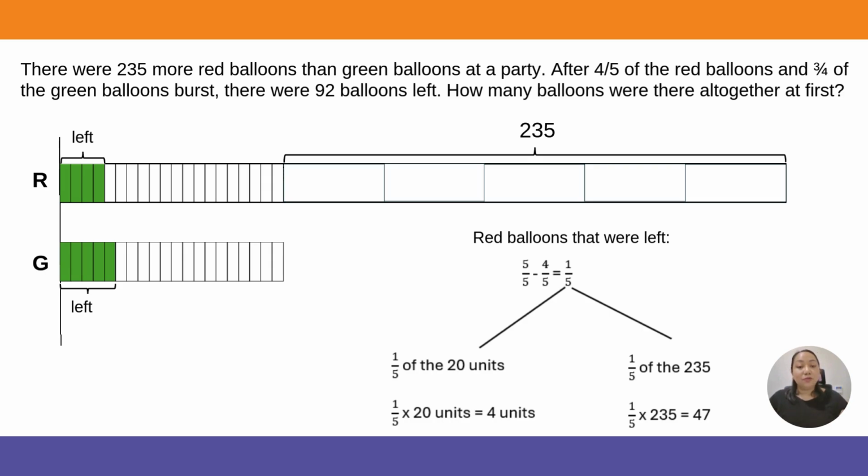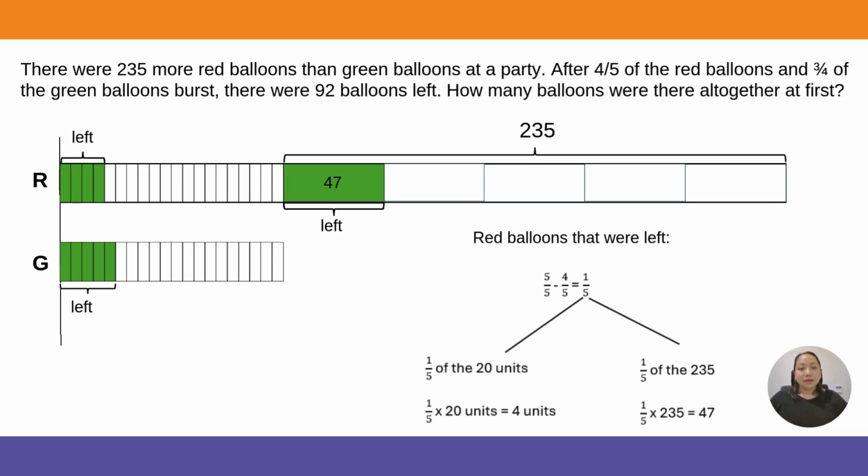Next, let's compute for one-fifth of 235. So one-fifth times 235 is equal to 47. Let us now label one part of the bar of 235 with 47. Next, we will color that part green and mark it as left.